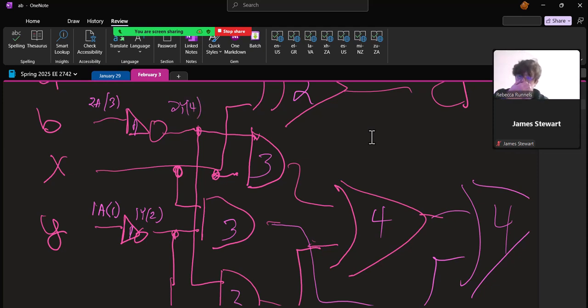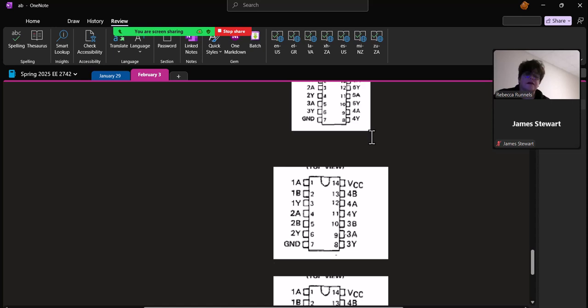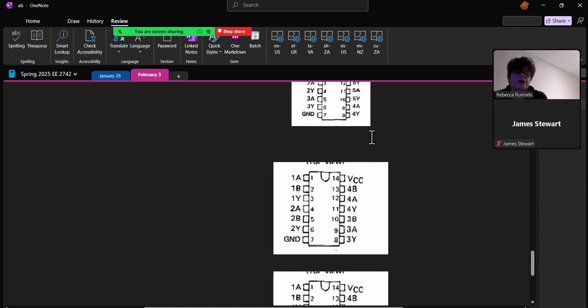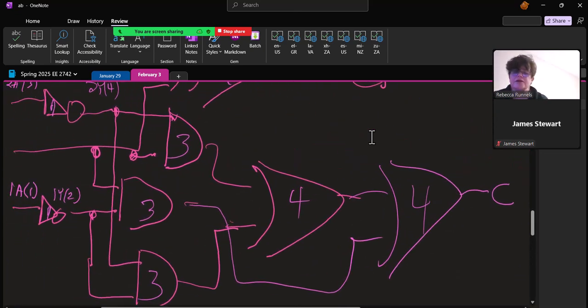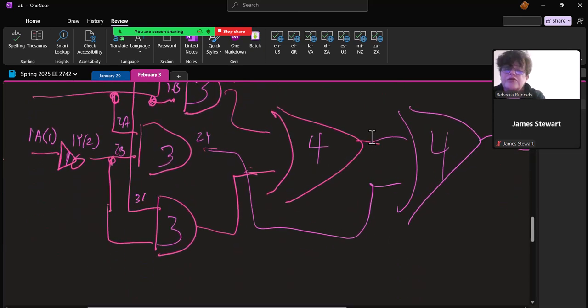And that's our NOT gate. And then our AND gate, if you look at the AND gate, your inputs are A and B and your outputs are Y. So it's 1A, 1B, 1Y, 2A, 2B, 2Y, 3A, 3B, 3Y. And so these ANDs will be 1A, 1B, 1Y, 2A, 2B, 2Y, 3A, 3B, 3Y.